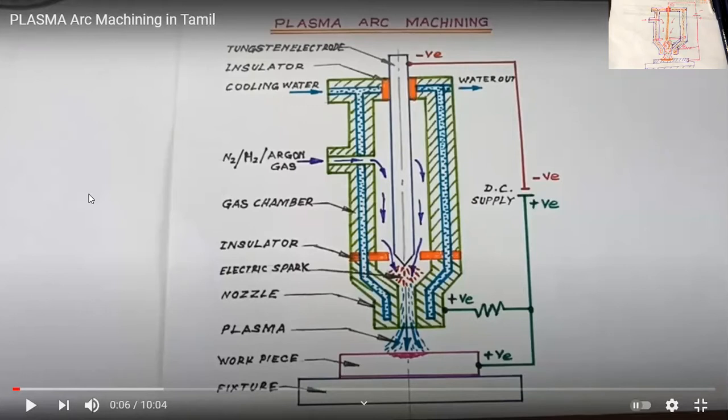Meanwhile you draw, let me also tell you, just note down the points. It is better that you note down the points.